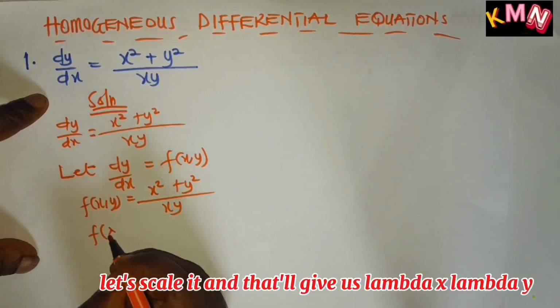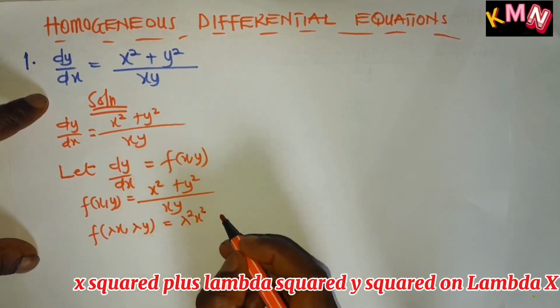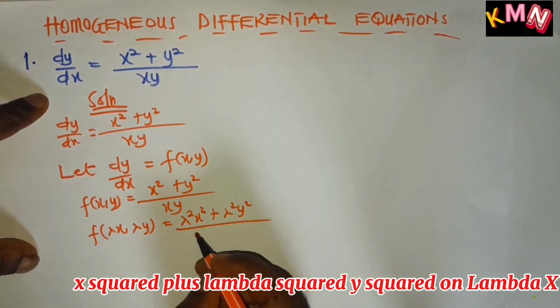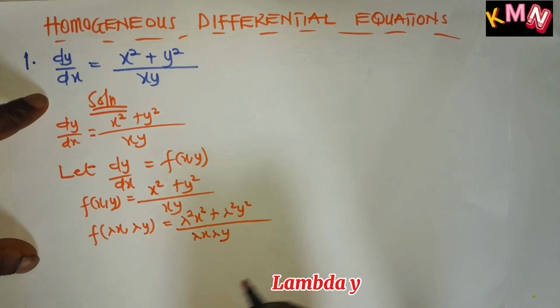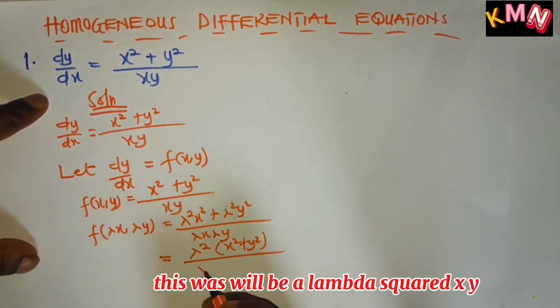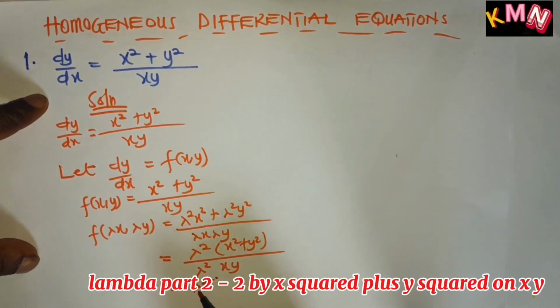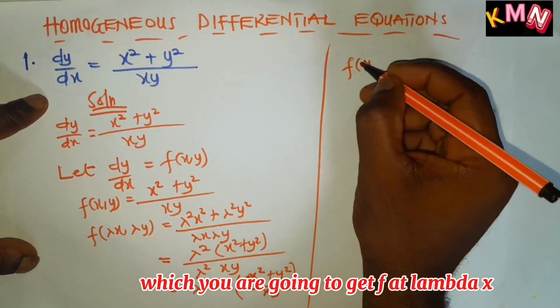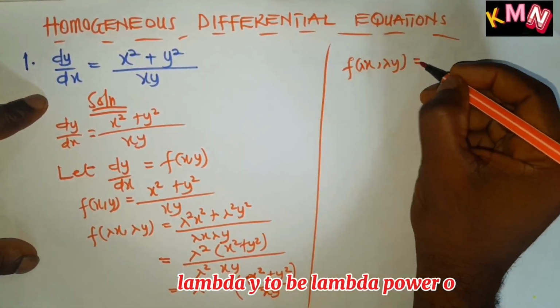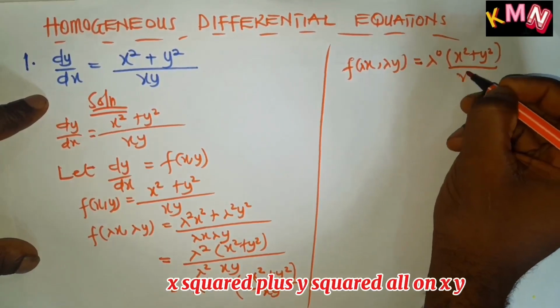Let's scale it, and that will give us lambda x, lambda y, and that gives us lambda squared x squared plus lambda squared y squared on lambda x lambda y, which we know will give lambda squared times x squared plus y squared on lambda squared x y. So from indices this can be written as lambda power 2 minus 2 by x squared plus y squared on x y, which gives f at lambda x, lambda y to be lambda power 0 times x squared plus y squared all on x y.